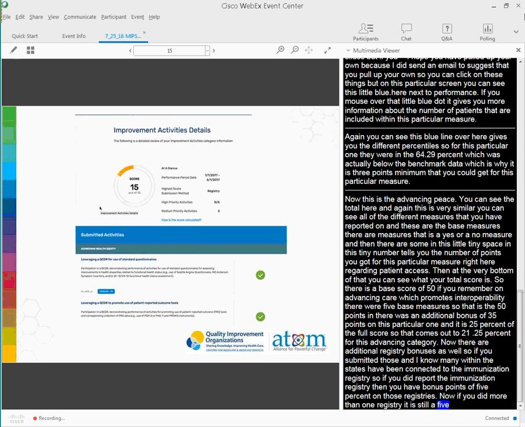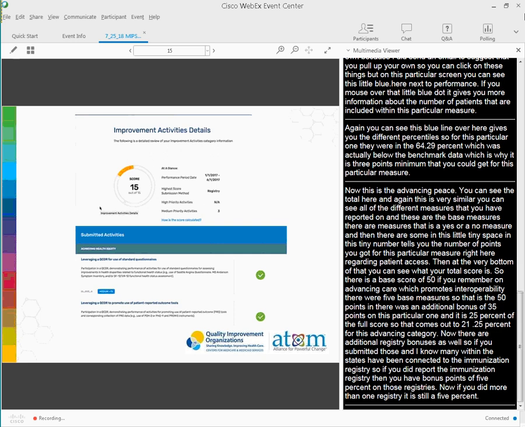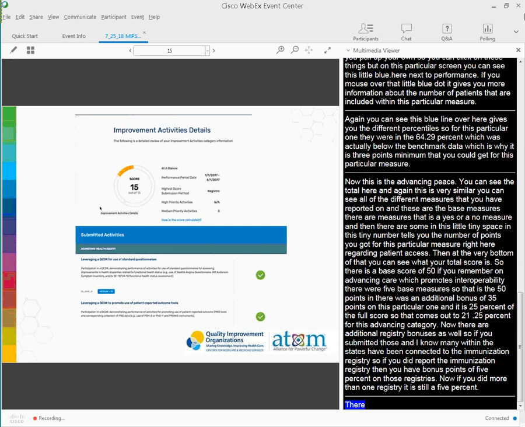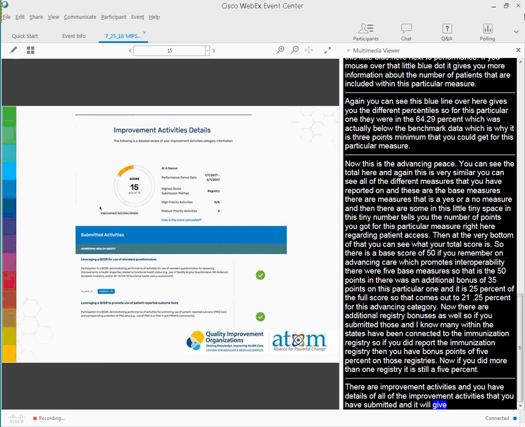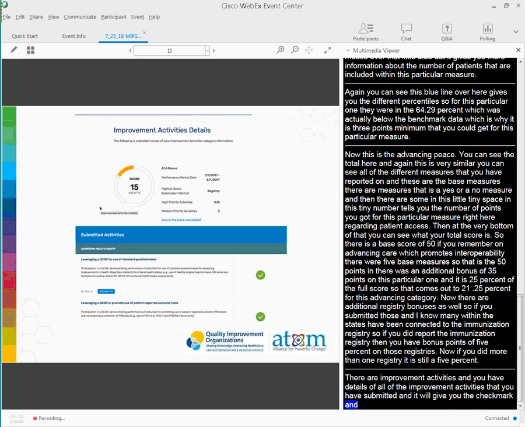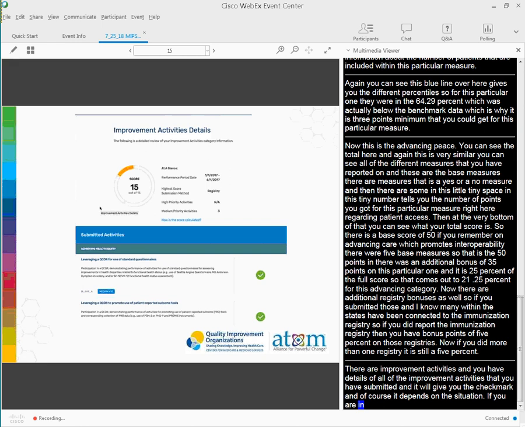And there's improvement activities, and we have a detail of all of the improvement activities that you have submitted, and it'll give you the check mark. And of course, it depends on the situation. If you're in a larger practice, then you would have had 4 that you would have reported.